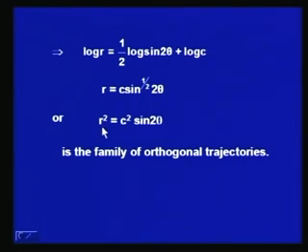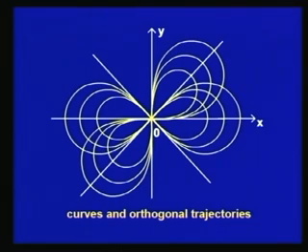Squaring both sides, we have r square equal to c square sin 2 theta, which is the family of the orthogonal trajectories of the family of lemniscates. In this picture, these curves correspond to r square equal to a square cos 2 theta.